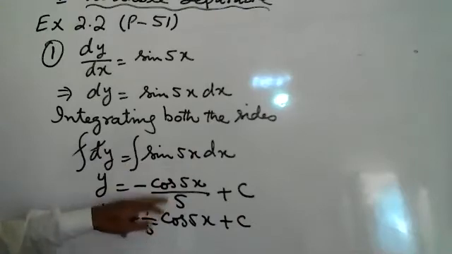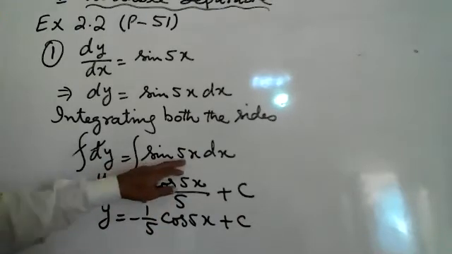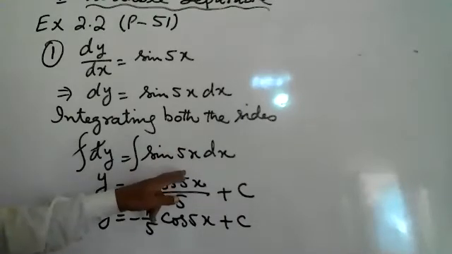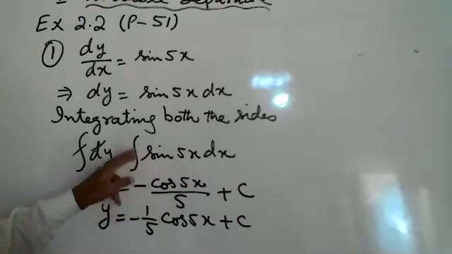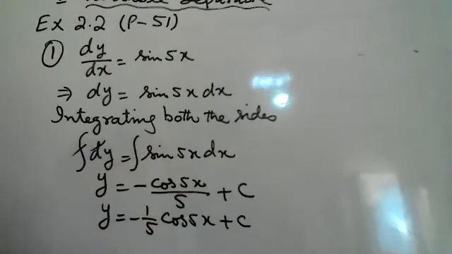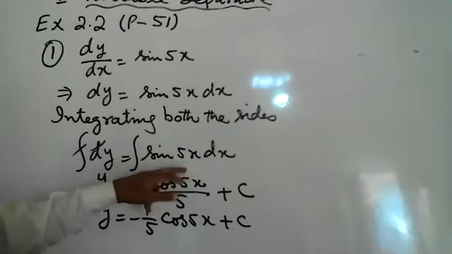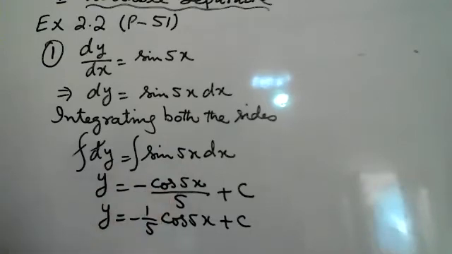If we find the derivative of sin 5x, it will become cos 5x into the derivative of 5x, that is 5. So the derivative is 5 cos 5x, and the integration is minus cos 5x upon 5. So this is the answer of the first question. It's easy, not difficult.